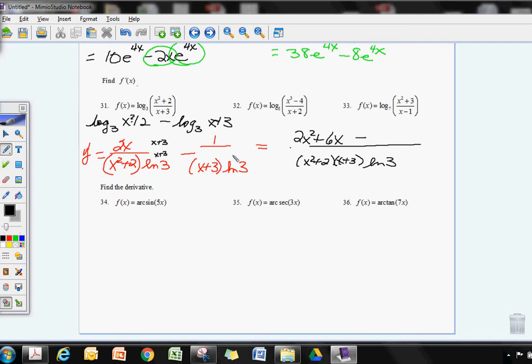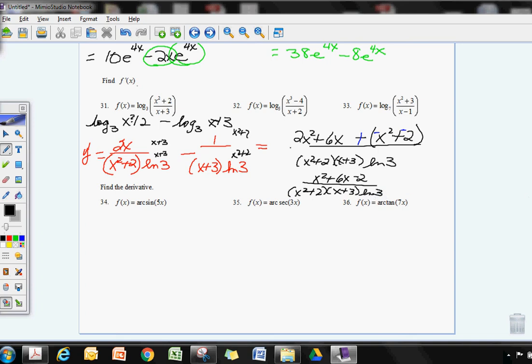Subtract, the second one would have to be multiplied by the x squared plus 2, and when I do that, I'm going to have x squared plus 2, which then I have to give plus negative, negative. And my final answer is going to be x squared plus 6x minus 2 all over that common denominator of x squared plus 2, x plus 3 times the natural log of 3.